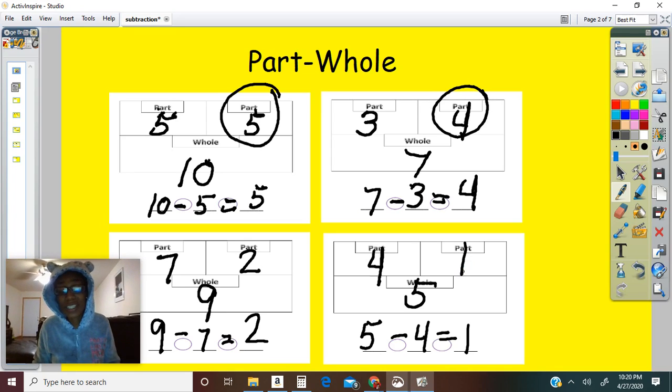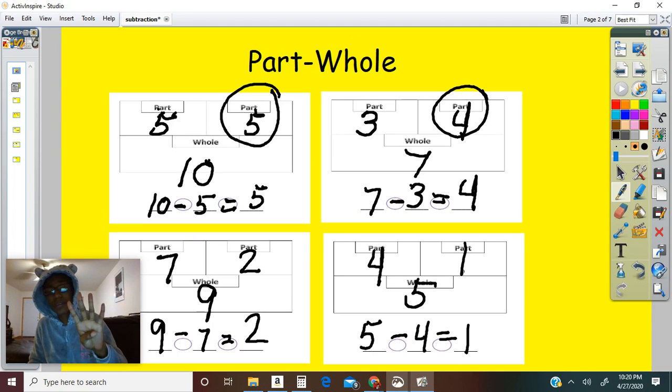Now let's double check just to make sure we're sure. If we have a part of 5 or a whole of 5 and we take away a part of 4, 1, 2, 3, 4. Will we be left with another part of 1? Absolutely. Let's double check with addition to see if we got our whole number right.